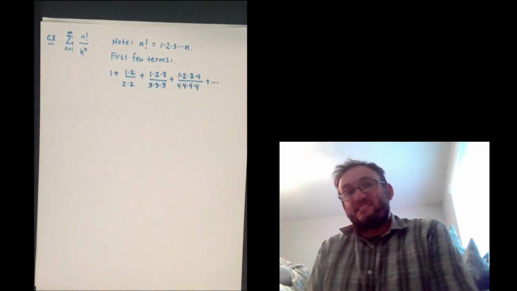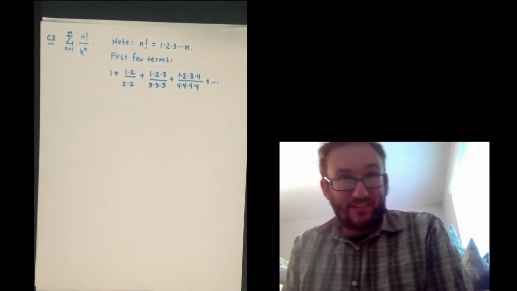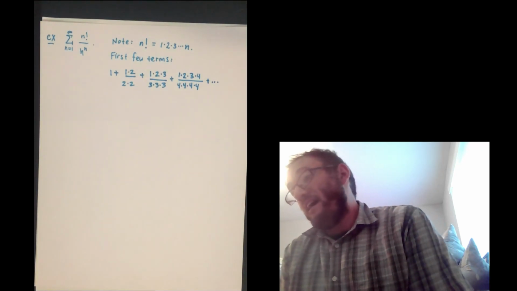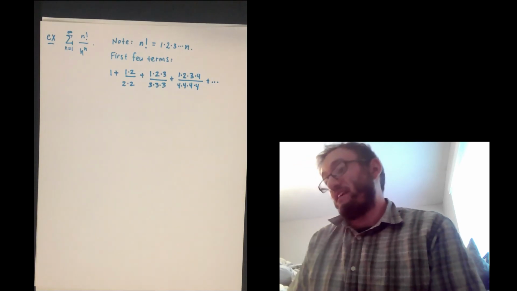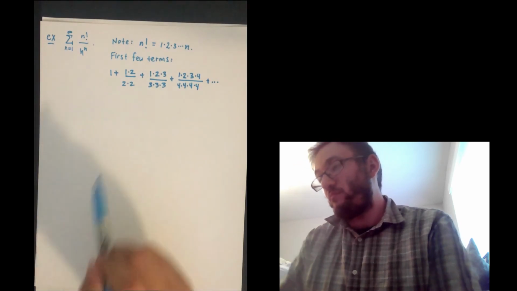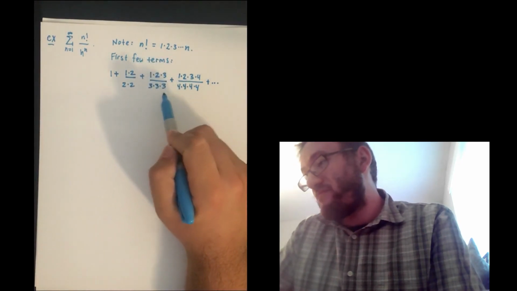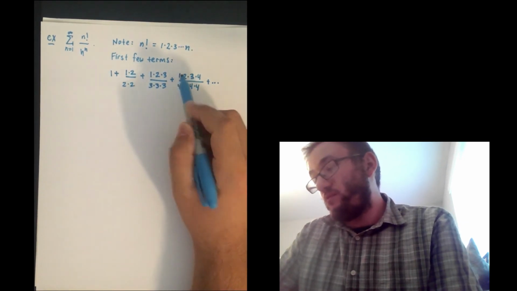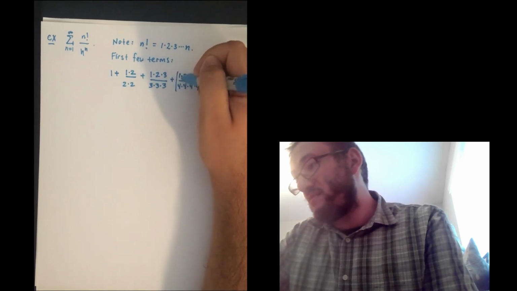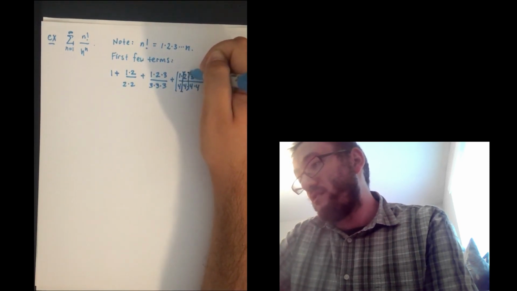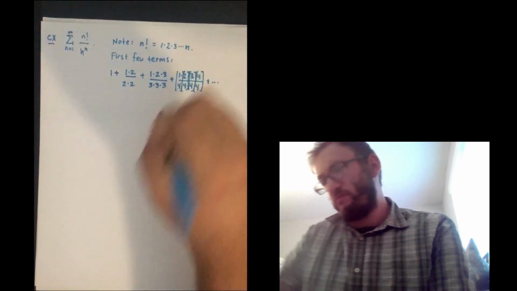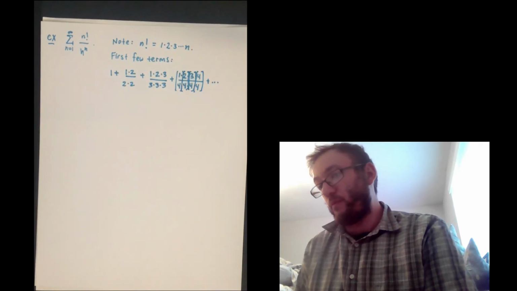Okay, so looking at this series, it doesn't look like a geometric series, really. It doesn't look like a p-series. But what we might notice is that in each term, we can kind of group things like this. We have a quarter times 2 quarters times 3 quarters times 4 quarters. Okay?